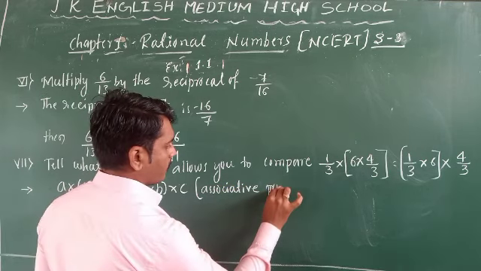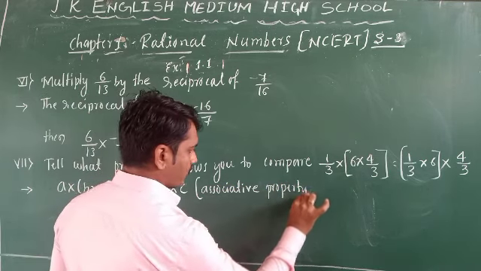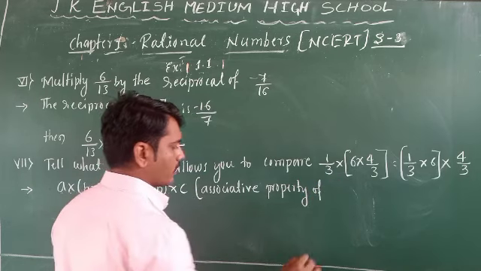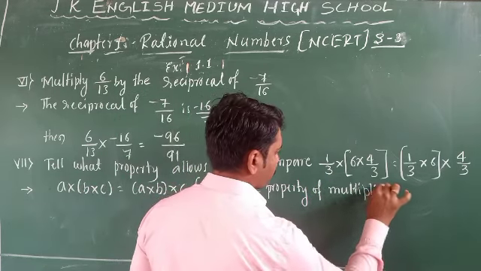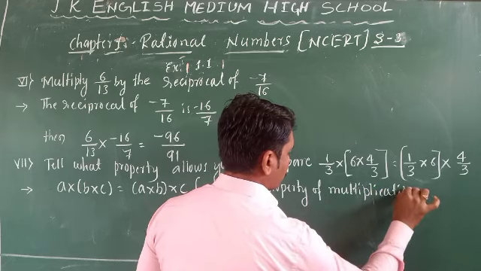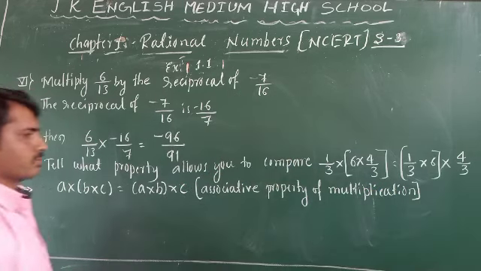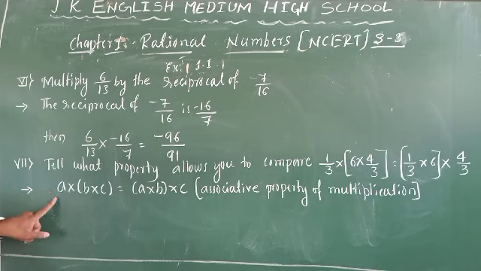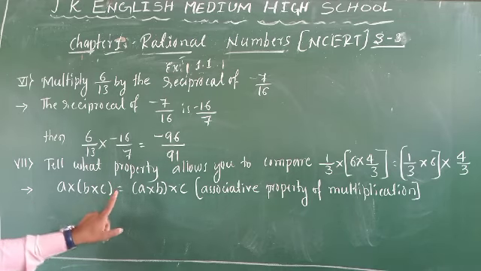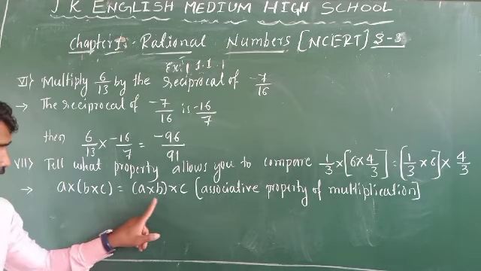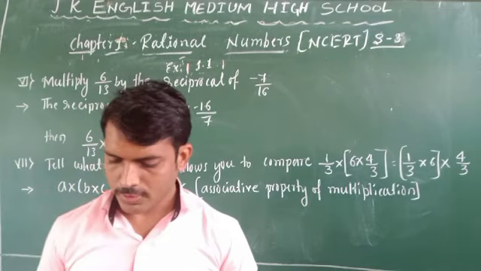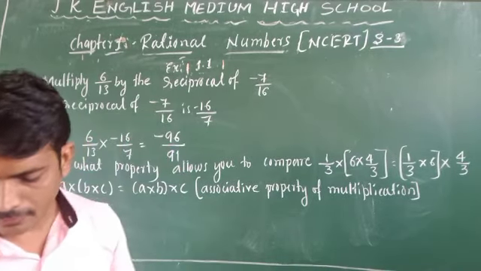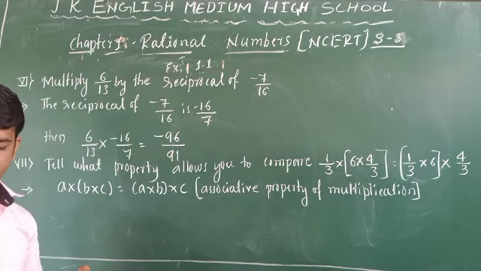Associative property, of addition or multiplication? That is multiplication. Understanding? A into (B into C) is equal to (A into B) into C. What is the property? Associative property of multiplication.